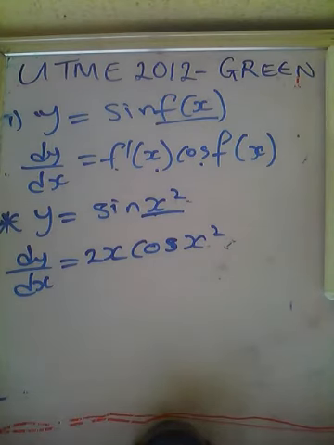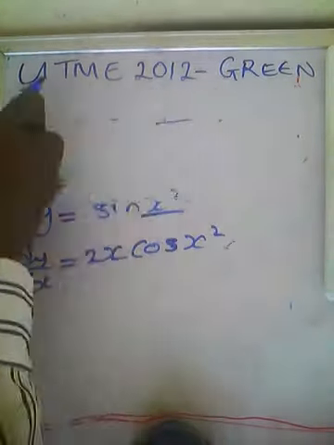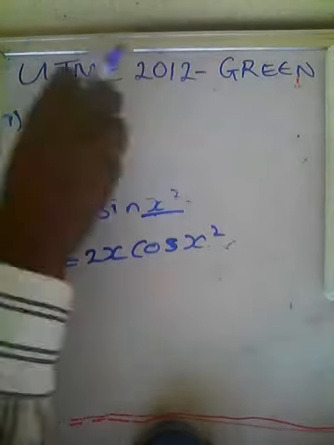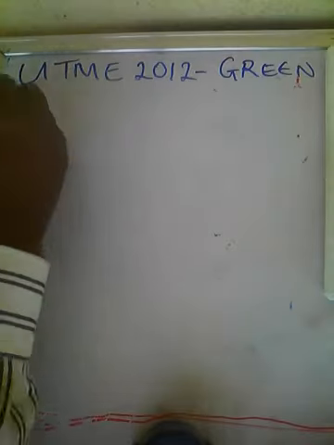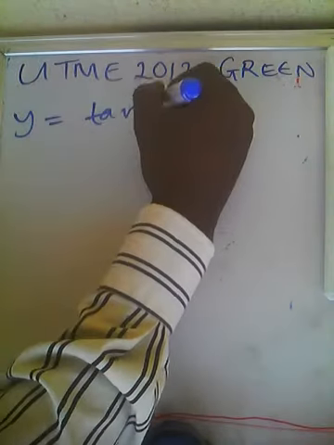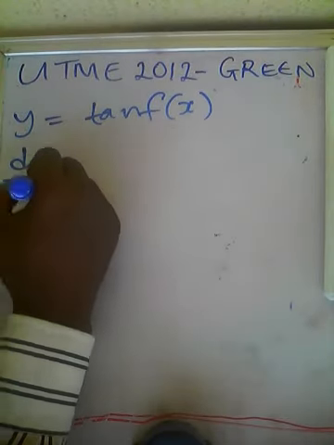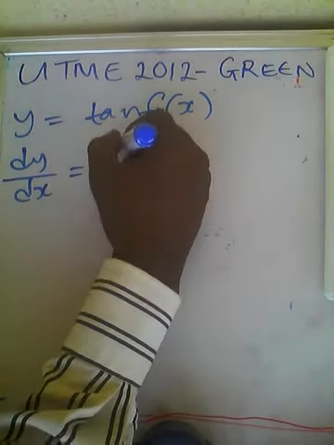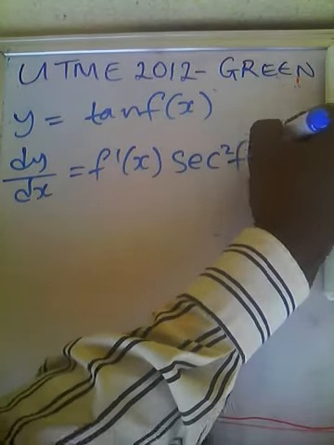Then lastly, we want to look at the tan function. How do we differentiate the tan function? Now, we have y is equal to tan function of x. The derivative is given as f prime of x sec square f of x.